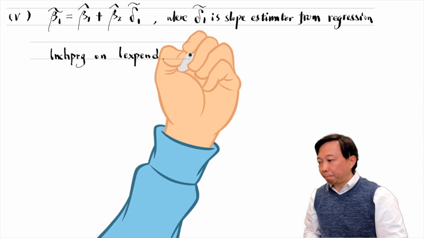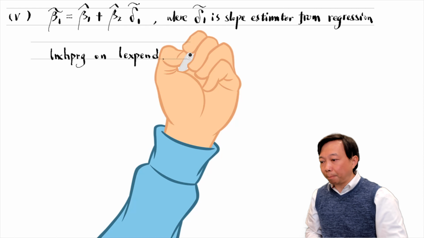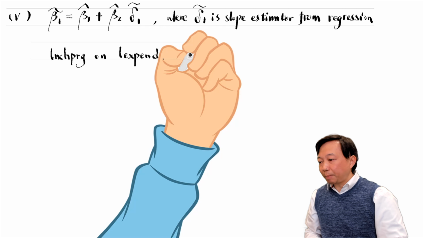That means the beta 2 hat and the delta 1 tilde are both negative. The bias is positive. The estimated coefficient on log expenditure in the simple regression is upward biased. In other words, the spending effect on the math pass rate is overstated.